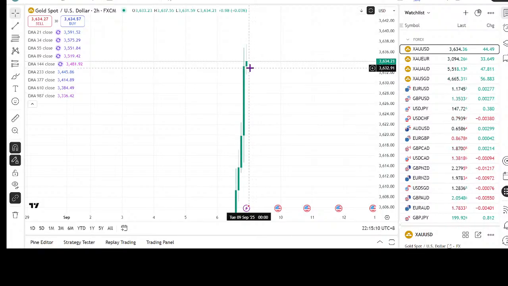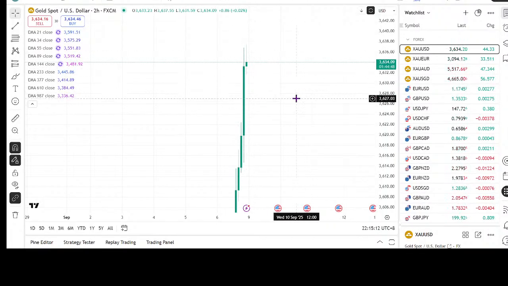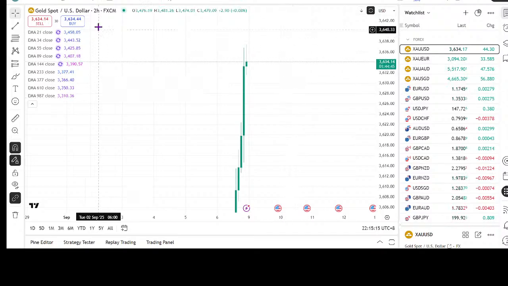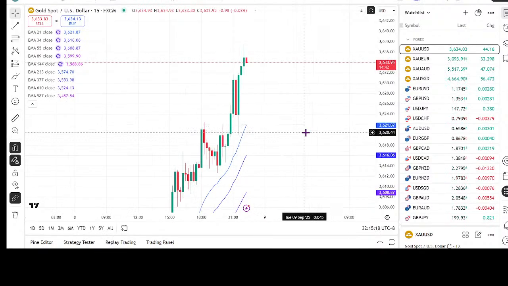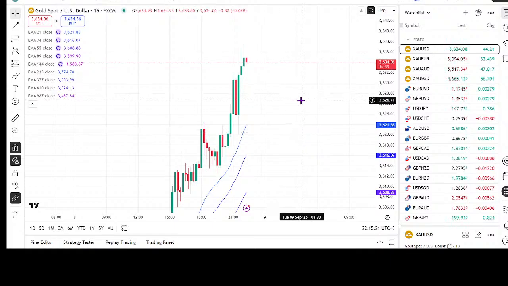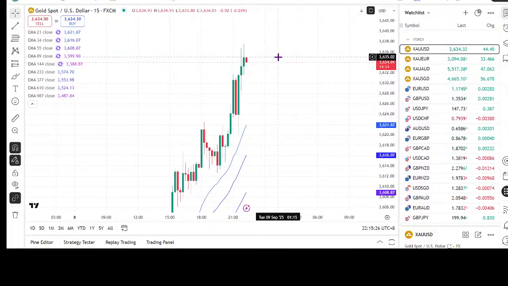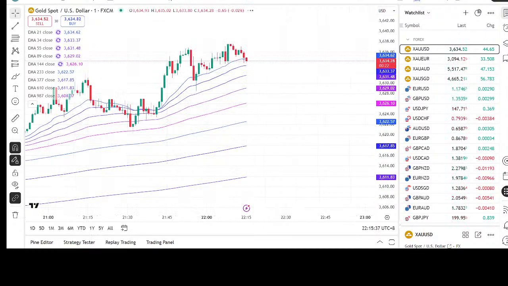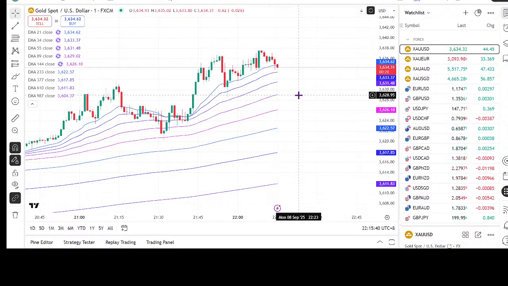If this 2 hours is showing weakness, then we should see the price turning down. Now the 15-minute is finished. So now we will see how this market is going to trade in the next 15-minute. It is showing some weakness but not convincing.